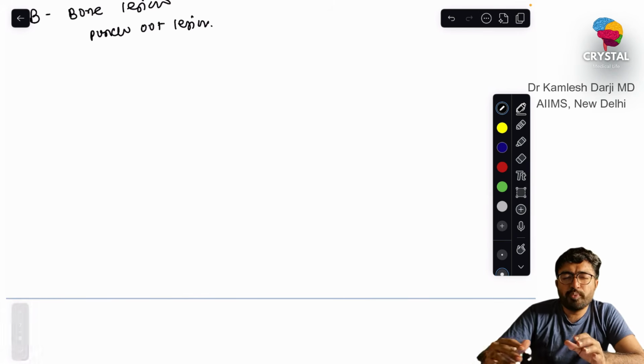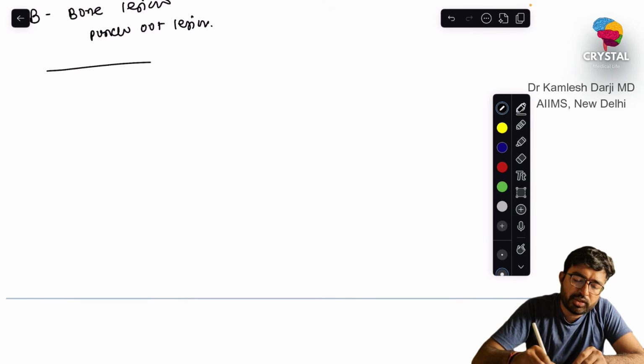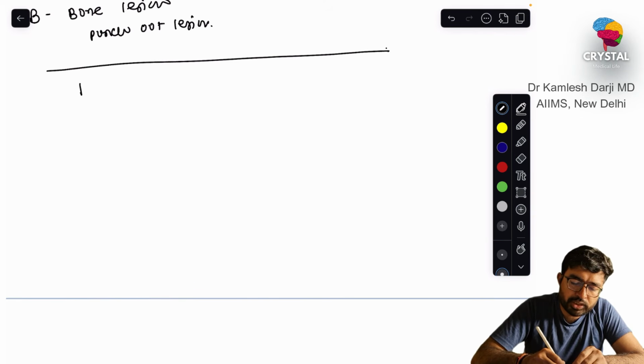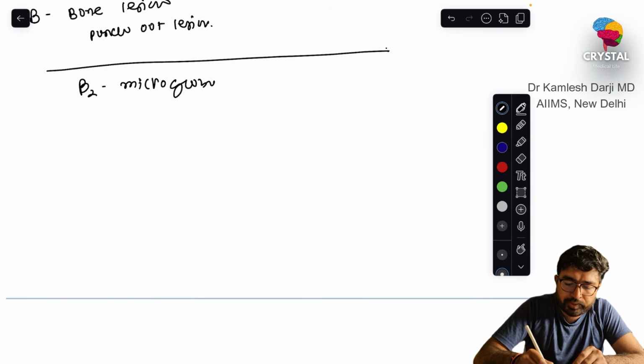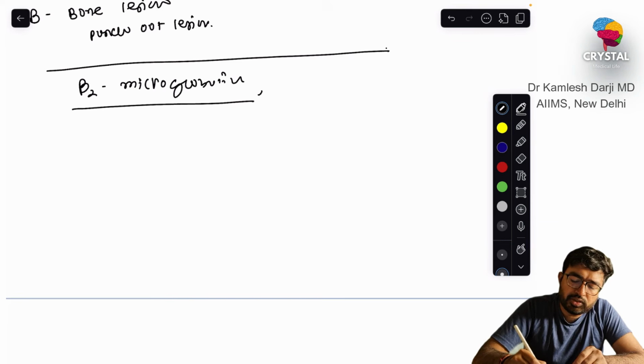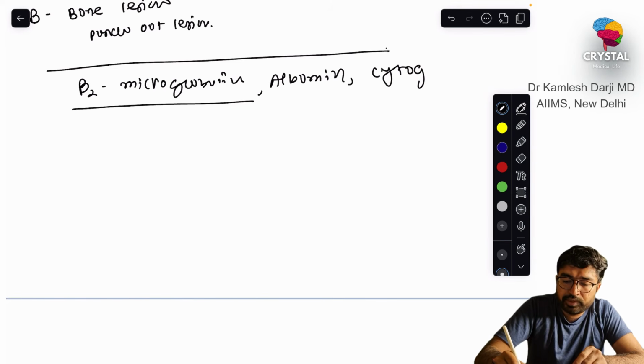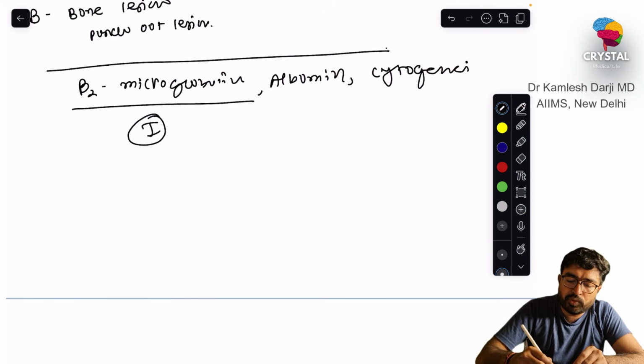Mutations are also predicting the prognosis based on the beta 2 microglobulin, and also on serum albumin or cytogenetics. So there are 1, 2, 3 stages.